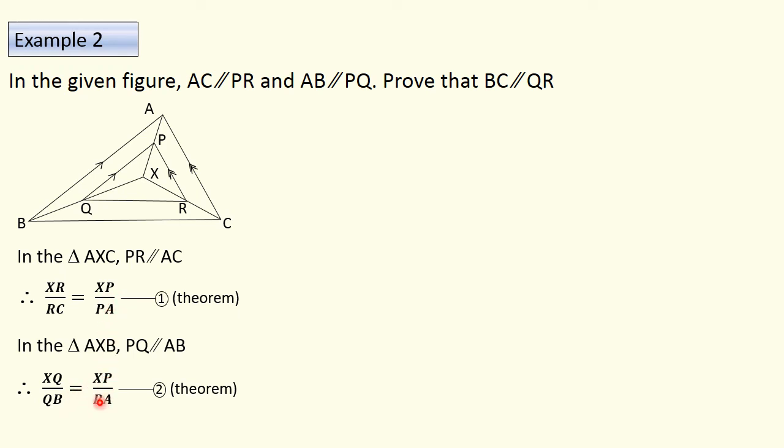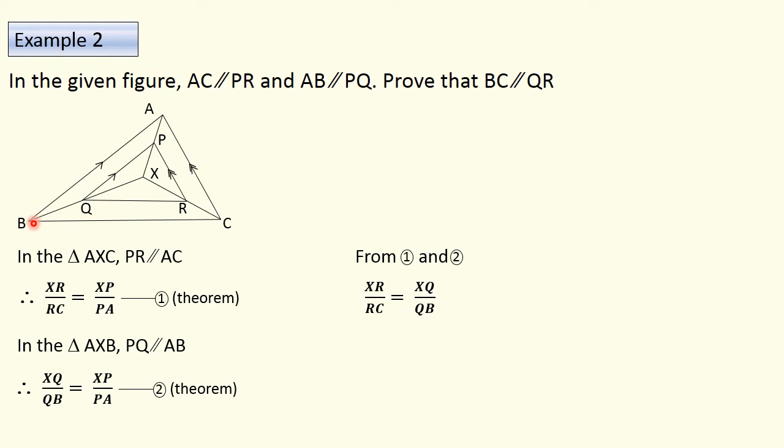So by the axioms, these two are the same. From equations 1 and 2, we can write that XR over RC is equal to XQ over QB.